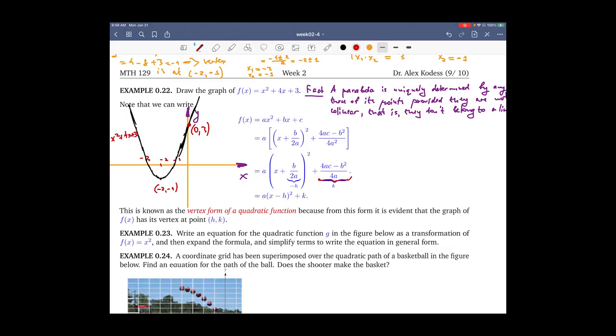If you call b over 2a as negative h, it's true. Then you can write the entire function as a times x minus h squared plus k. So h here is negative b over 2a.